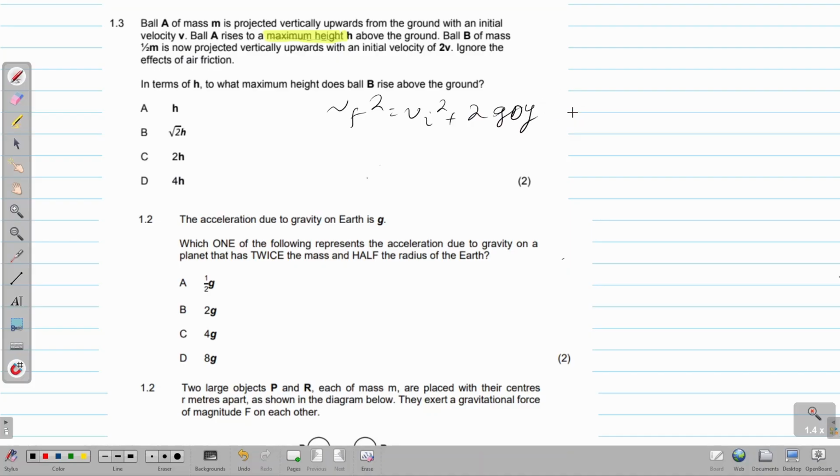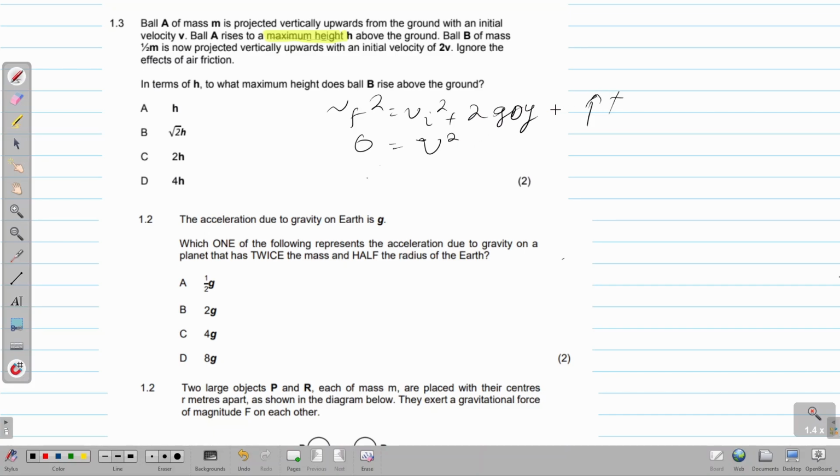and I'm going to take upwards as positive. So then v final is 0, and v initial, I'm going to insert v there for ball A, v squared.